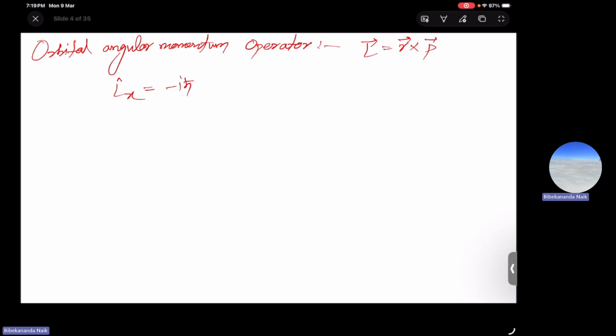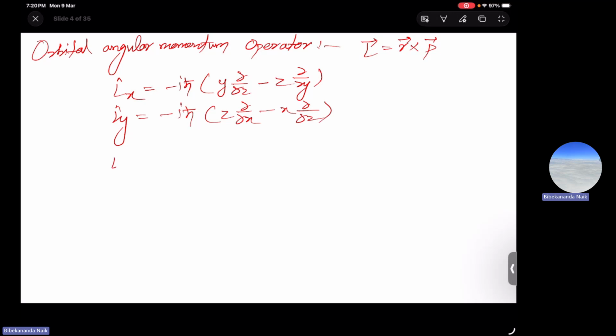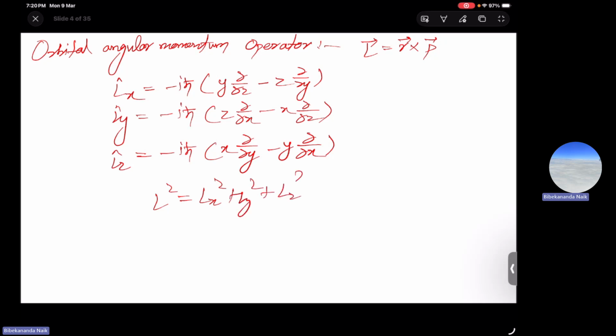So Lx cap we can write as minus i h cross (y del by del z minus z del by del y). Ly cap is minus i h cross (z del by del x minus x del by del z), and Lz cap is minus i h cross (x del by del y minus y del by del x). And we can write L square is equal to Lx square plus Ly square plus Lz square.